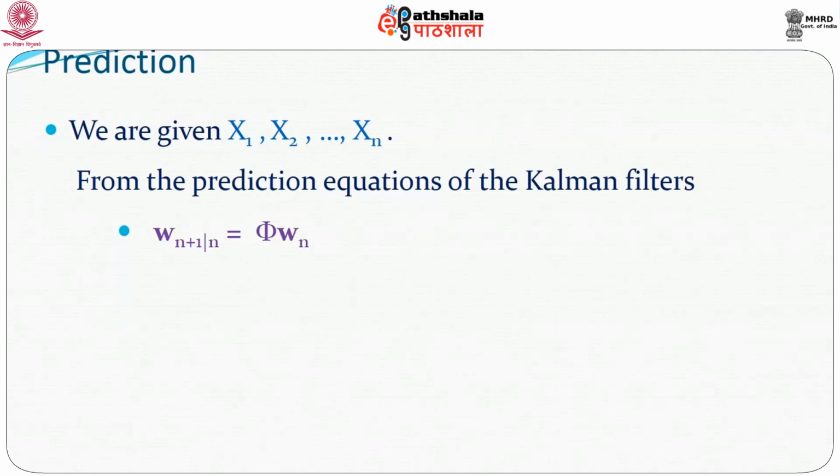And this is what we have done in the Kalman filters. Therefore, x(n+1|n) would be, if we use w(n+1|n) instead of w(n) in the observational equation, the predicted value of x(n+1), which turns out to be alpha prime phi w(n).